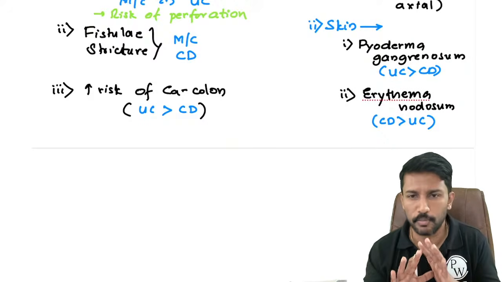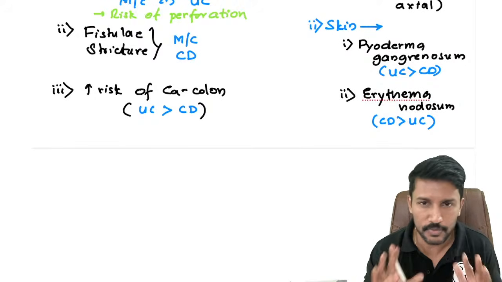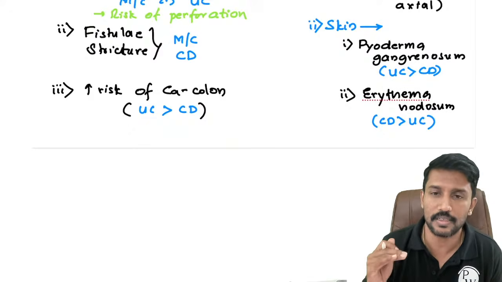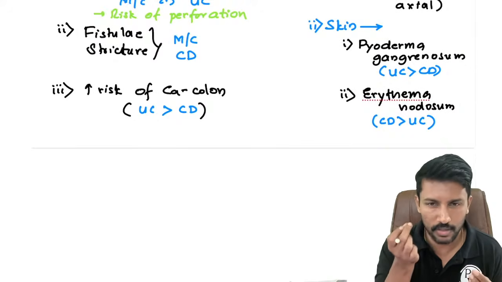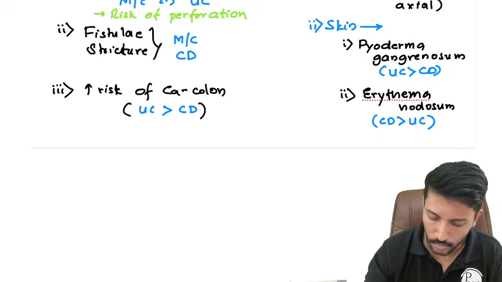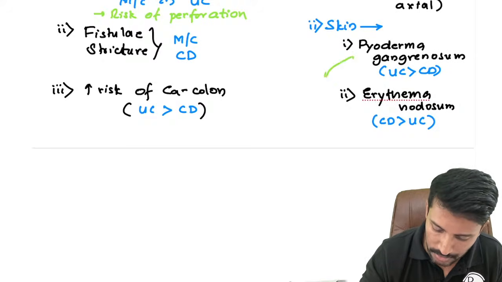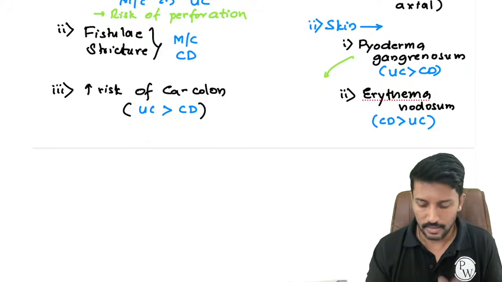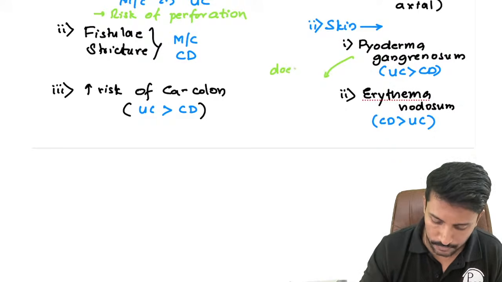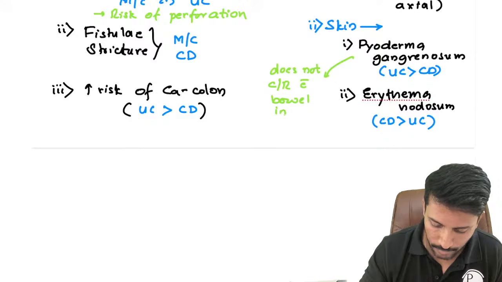These points, if you are not able to remember for the theory exam, it's absolutely okay as long as you are listing it. But for MCQs, these are all subtle nuances that you need to know. The extra point that I want you to mention is that pyoderma gangrenosum does not correlate with bowel inflammation.